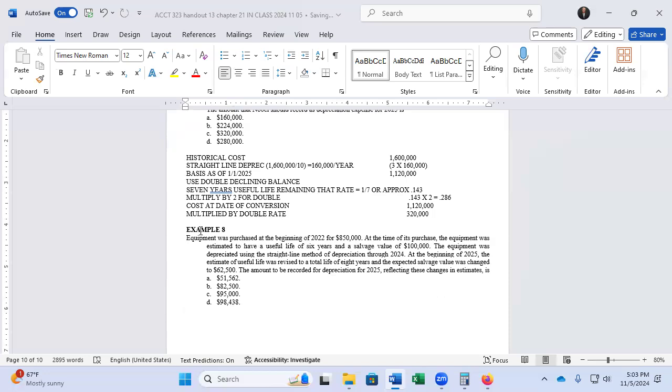Equipment was purchased at the beginning of 2022 for 850,000. At the time of its purchase, the equipment was estimated to have a useful life of 6 years and a salvage value of 100,000. The equipment was depreciated using the straight line method through 2024. So that's again 3 years. All right, so we have cost, $850,000.